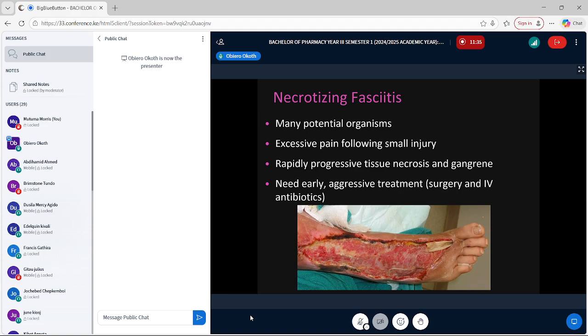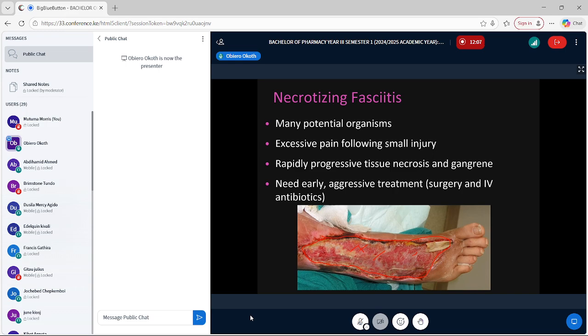Then we have necrotizing fasciitis. Basically, when the organisms come in, many potential organisms, you have pain following a small injury, then the whole skin just sloughs off. You have necrosis of the fascia, necrosis of the skin. Progressive tissue necrosis and gangrene. This is what is normally referred to as flesh-eating bacteria.